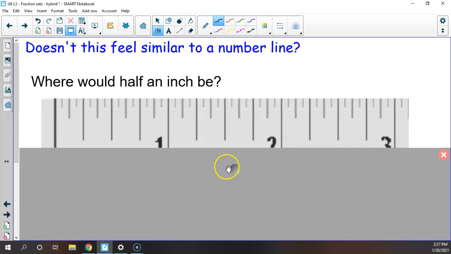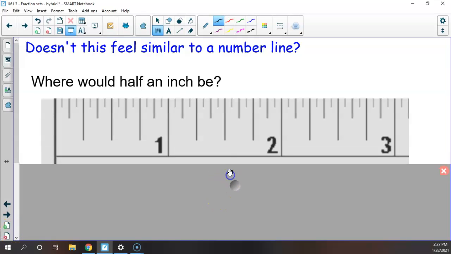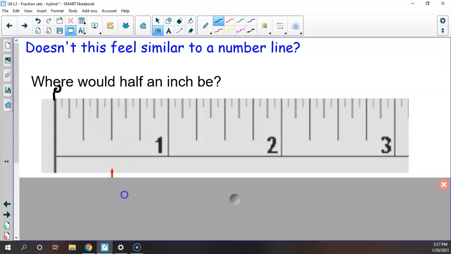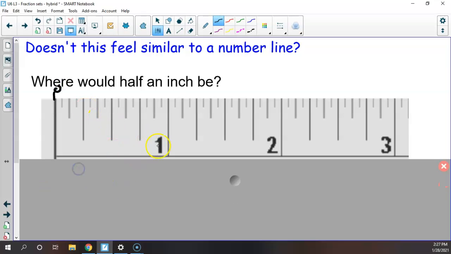All right, so here we have a ruler. This looks very similar to a number line. And we have this marks 0. Does it say that? Nope, it marks 0. We have 1, we have 2, and we have 3 inches. So we need to think about where about 1/2 of an inch would be.